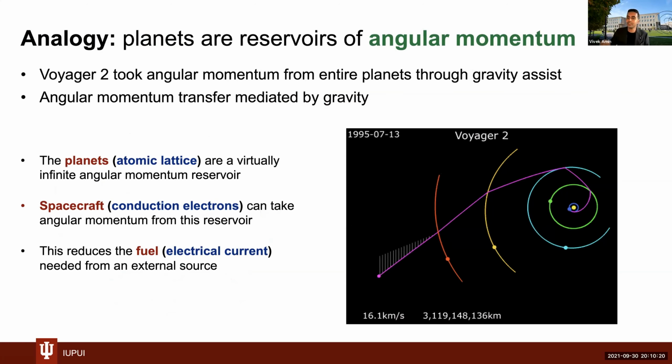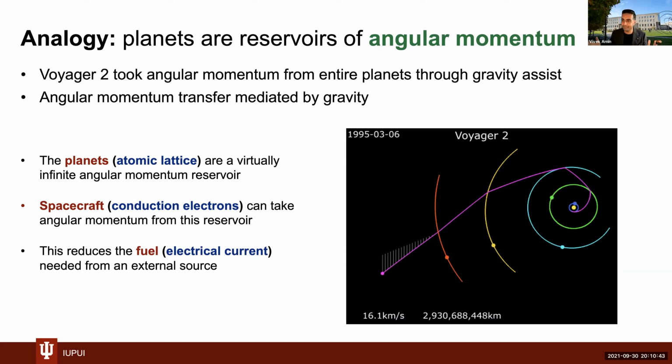These dots are planets and the purple line is the path that the Voyager spacecraft took. You can see that every time it passes by a planet, there's a kink in its orbit. This is coming from the fact that this tiny little spacecraft is actually stealing angular momentum from the entire planet.